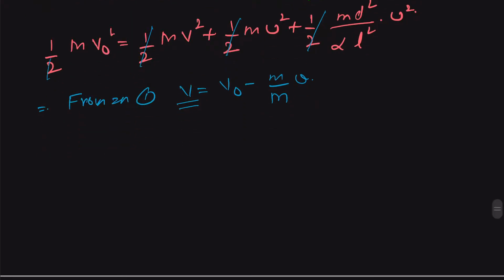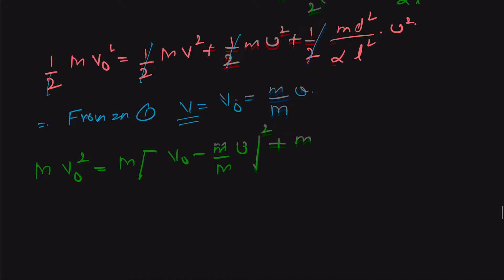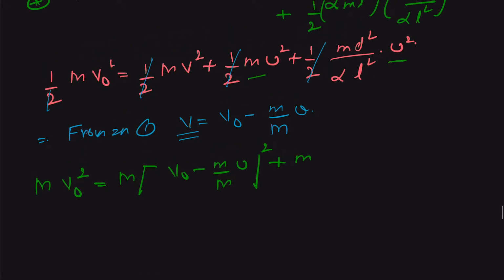So we get m v naught square is equal to m times (v naught minus m upon capital M v) whole square, plus m v square, and we can combine these two terms, and this will be equal to m v square times 1 plus d square upon alpha L square.